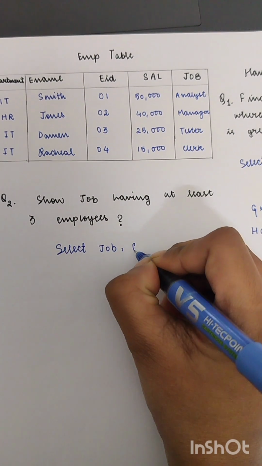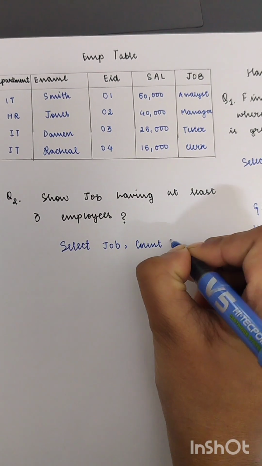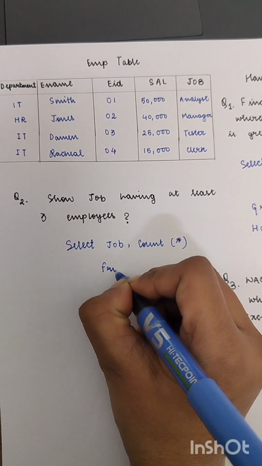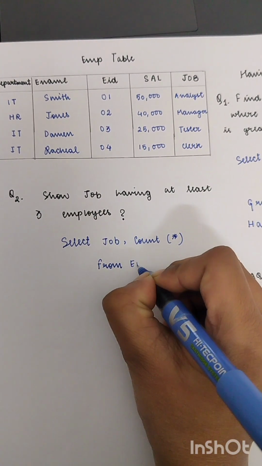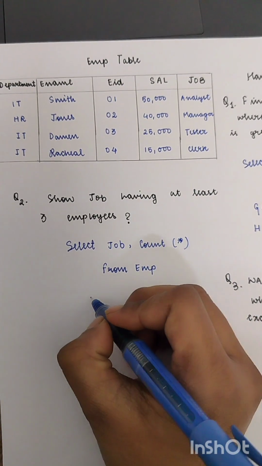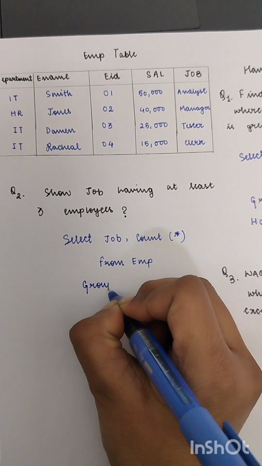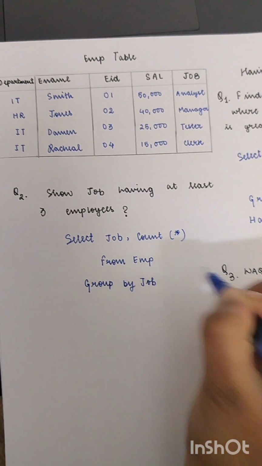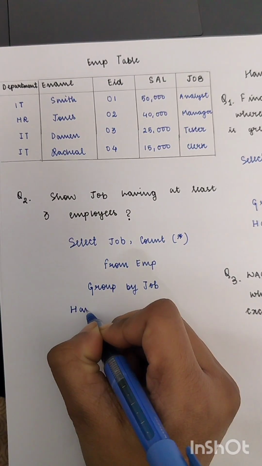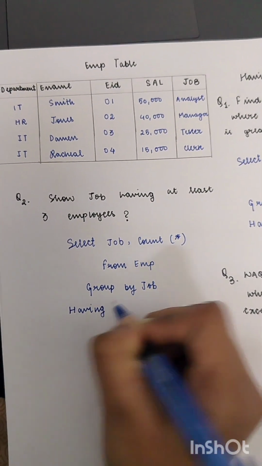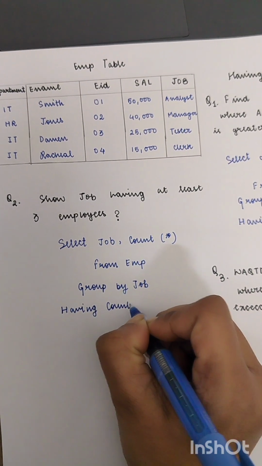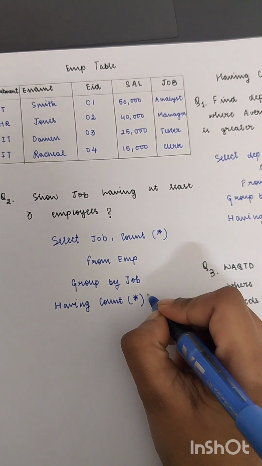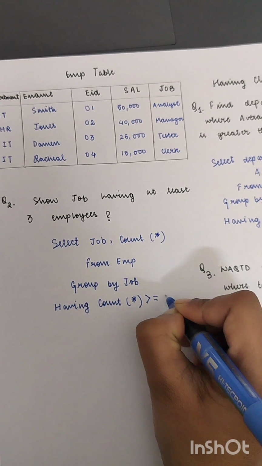So for that also we want aggregate function, count of star from EMP, group by job, having, which should be at least 3.